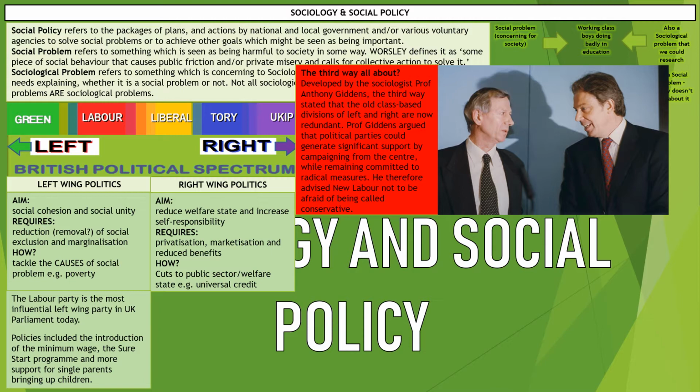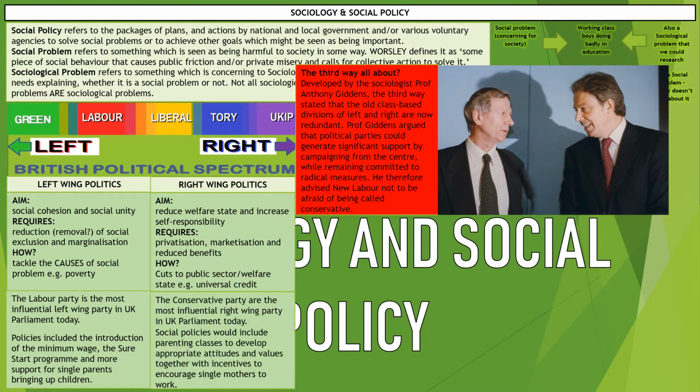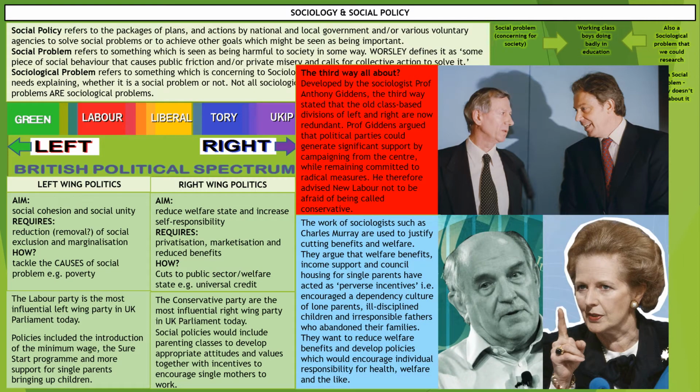So we see cuts to the public sector, to welfare, and policies like universal credit, which have generally had a negative impact on the people using them. The Conservative Party is probably the most influential right-leaning party, and again their policies follow this right-leaning mentality. So again, lots of policies, cuts and reductions to services, seen as a way of incentivising people and women to become self-sufficient and less reliant on state welfare.